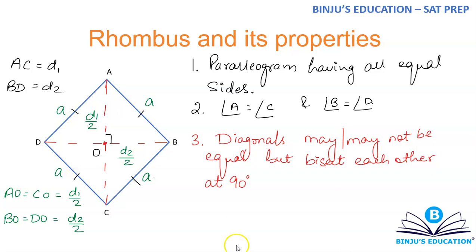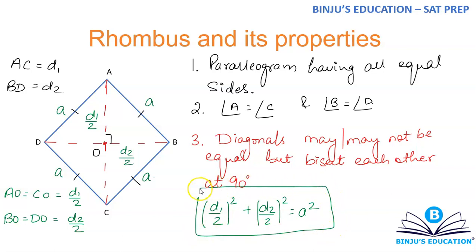It's completely up to you. You'll get a relationship: D1 by 2 square plus D2 by 2 square is equal to A square, which is side square. Important relationship.